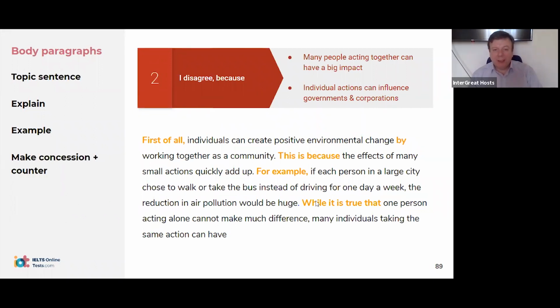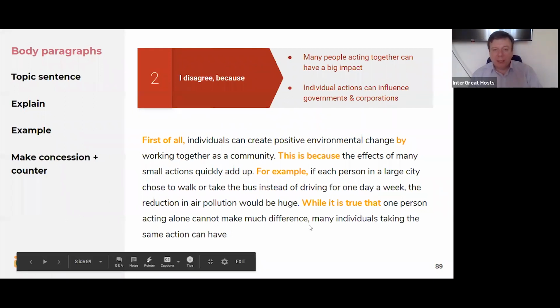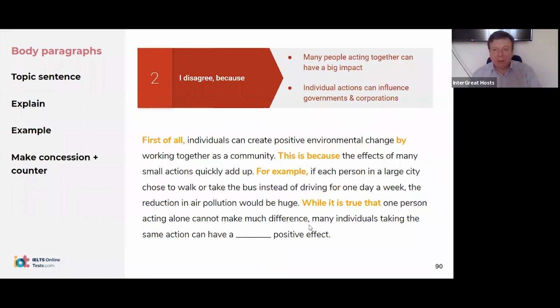Many individuals taking the same actions can have a. So what would we put in there? Huge, okay. Similar word. A dramatic positive impact, okay?